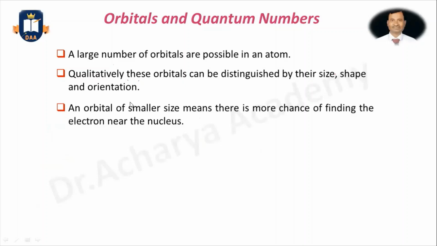An orbital of smaller size means that this orbital is near to the nucleus. That means the possibility of finding the electron is more in an orbital of smaller size.